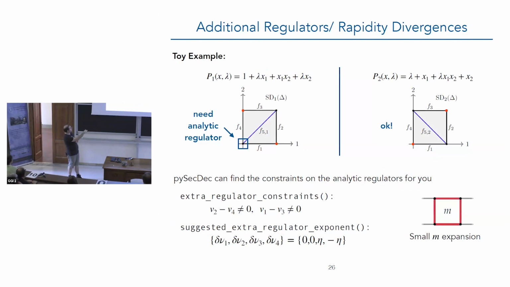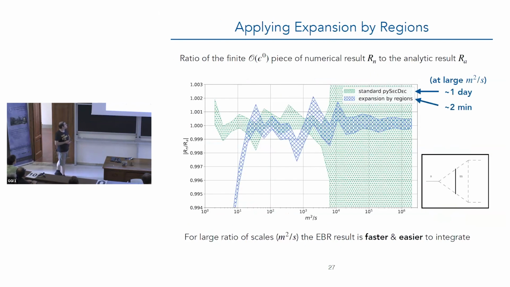Suppose that you get some new internal facet that lives on this blue line here. It goes through 0, so it will have an a_F of 0, and this internal facet will lead to these spurious singularities. Just to say that pySecDec can just find these constraints, and it will print out these constraints for you and even suggest extra regulator exponents as well. So you can systematically do this.